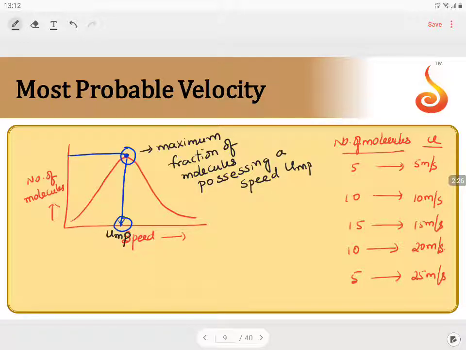What is UMP? It is the most probable velocity or speed.